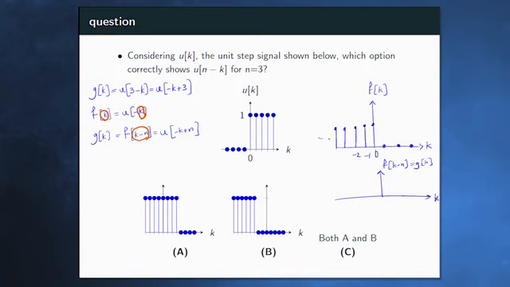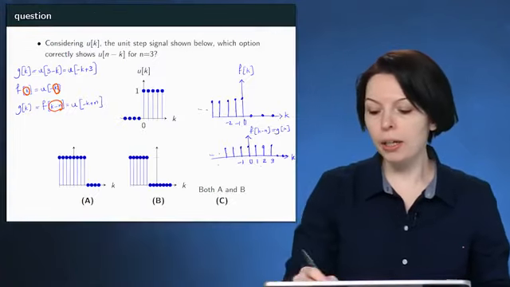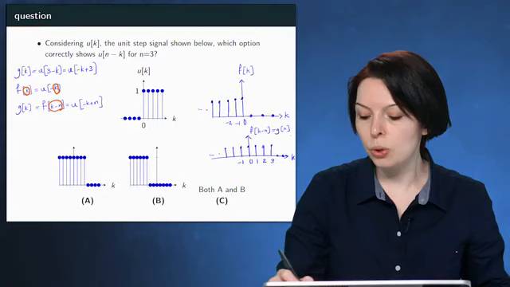So f of k minus n is the shifted version of f of k by n points to the right. So n is equal to 3 here, so I'm going to shift it by 3 points to the right. This goes forever, and this is 3, 2, 1, 0, negative 1, and so on. So this is my signal for n equal to 3.